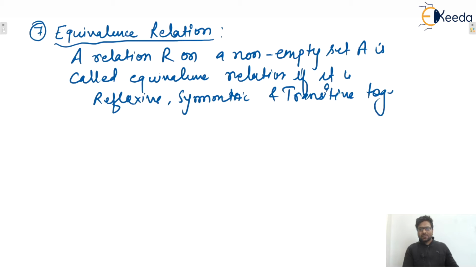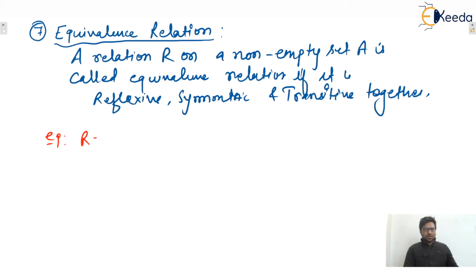That means any relation that is reflexive, symmetric and transitive together is known as an equivalence relation. Let us consider one example.